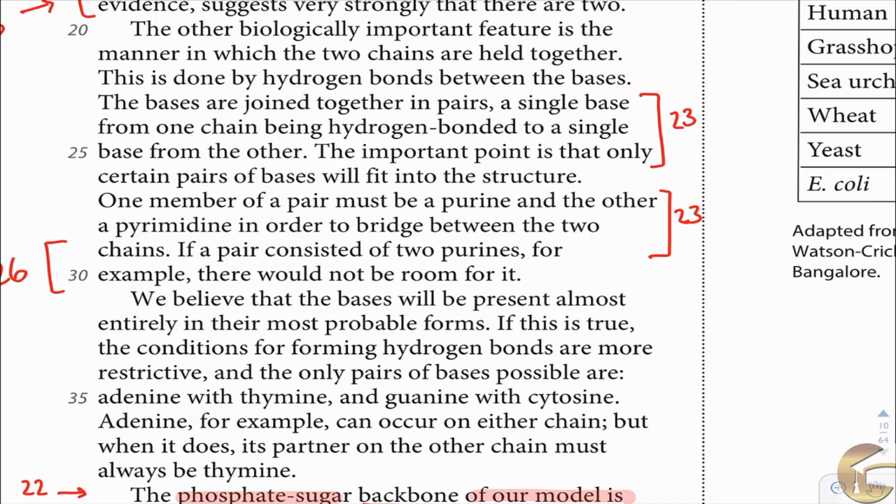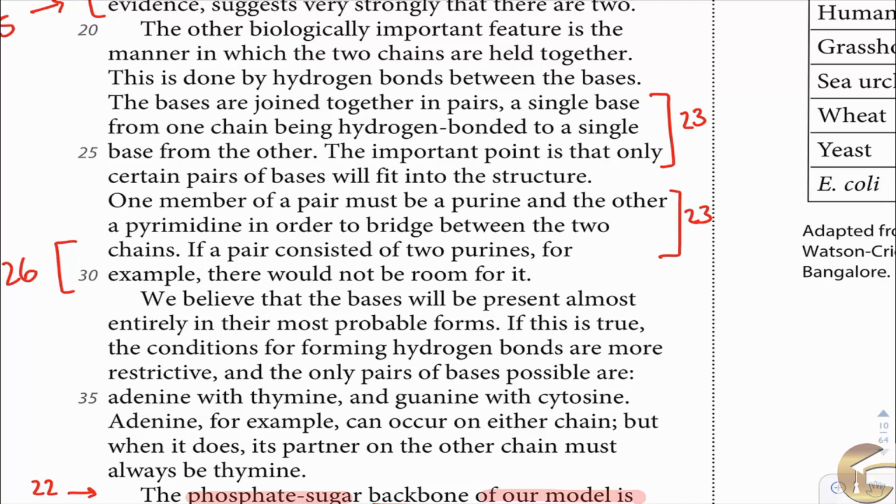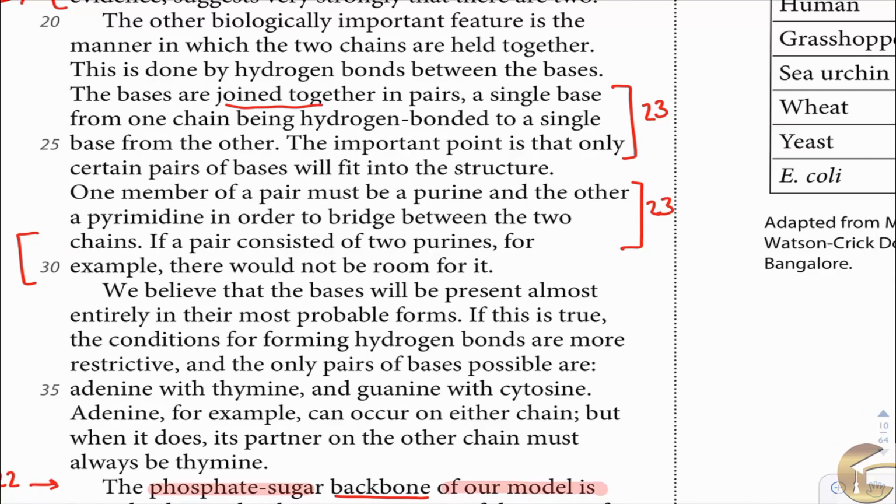So here what we have is this first answer choice, C, says the bases are joined together in pairs. A single base from one chain being hydrogen bonded to a single base from the other. So this one talks about some sort of a pattern here.